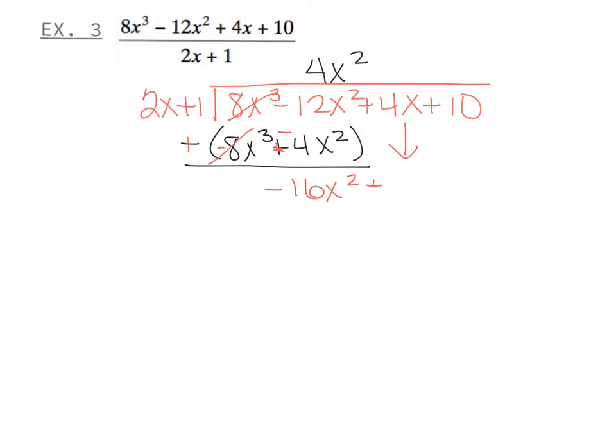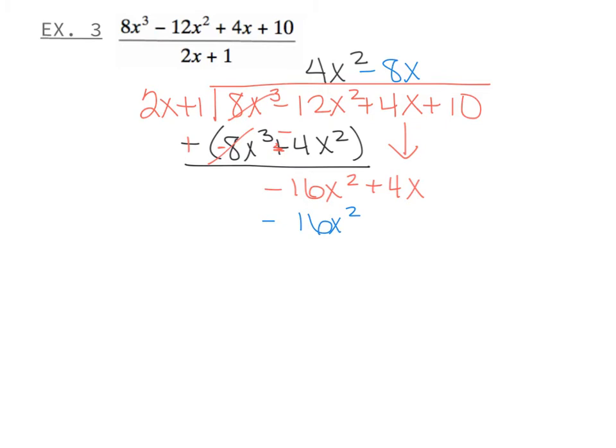Bring down my plus 4x, and I need to make 2x be a negative 16x squared, so I need to have a negative 8x, so minus 8x, so all the x's should be aligning. So negative 8x times 2x is negative 16x squared, so again, the first term should always cancel.